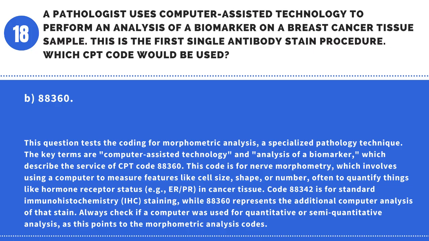Code 88342 is for standard immunohistochemistry, IHC, staining, while 88360 represents the additional computer analysis of that stain. Always check if a computer was used for quantitative or semi-quantitative analysis, as this points to the morphometric analysis codes.